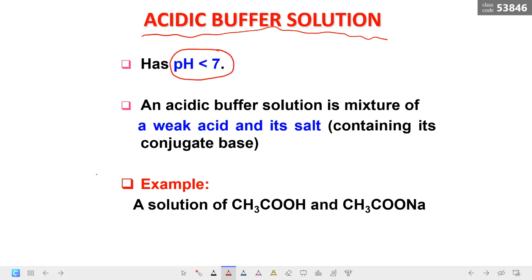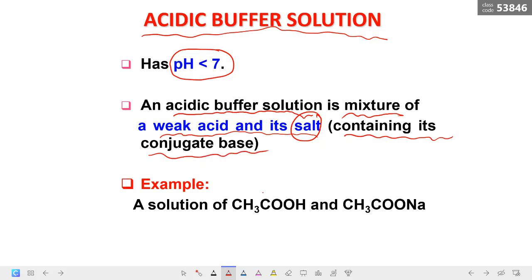Dan apakah komponen dalam acidic buffer solution? Ia mesti mengandungi mixture, campuran weak acid and its salt. Weak acid dan garam daripada weak acid. Sebab itu kita kena belajar salt terlebih dahulu sebelum kita belajar buffer solution. Okay, di mana salt itu mengandungi its conjugate base.